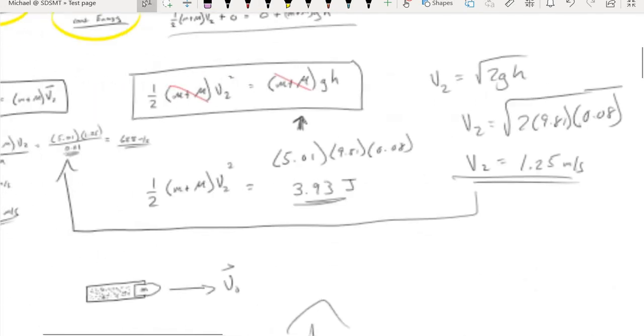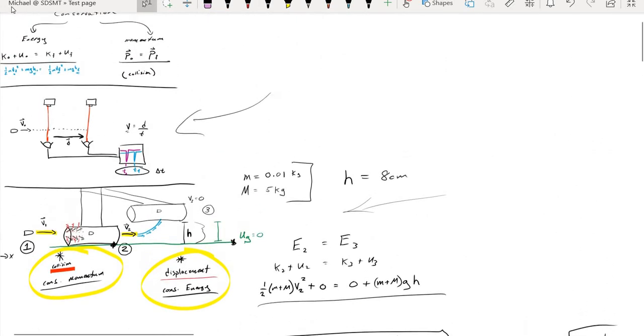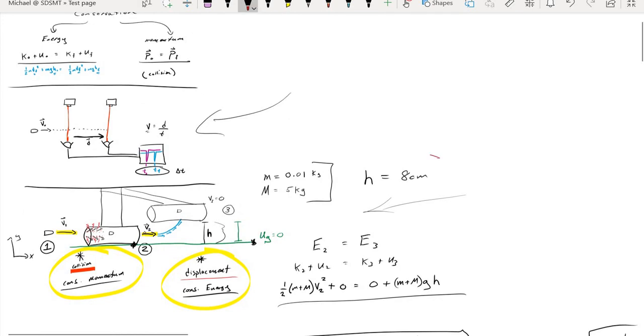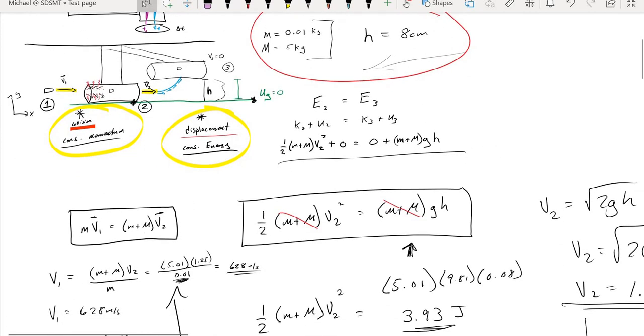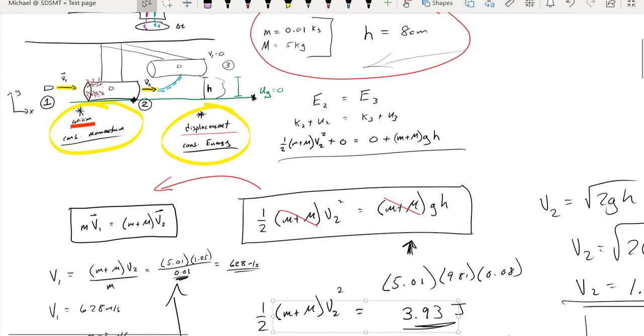Whereas for the ballistic pendulum problem, we started by knowing the max height, and we worked our way back to figuring out what the initial velocity was by comparing the energy of the log and the bullet to the change in momentum for the bullet itself.